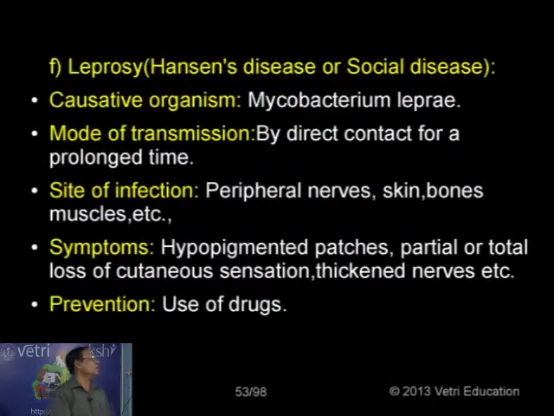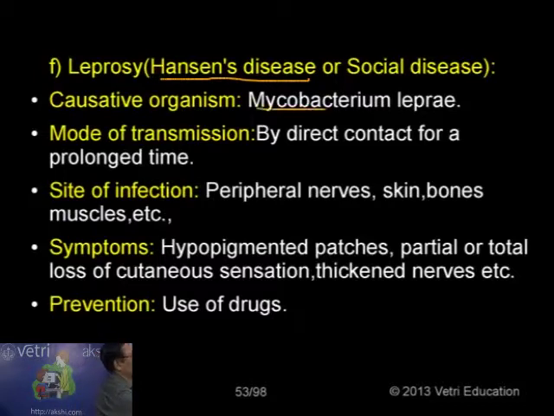Now, the next one, leprosy. As it was reported by Hansen, it is also called Hansen's disease. As it affects society, it is also called the social disease. It is another bacterial disease caused by Mycobacterium leprae, the name of the parasite.